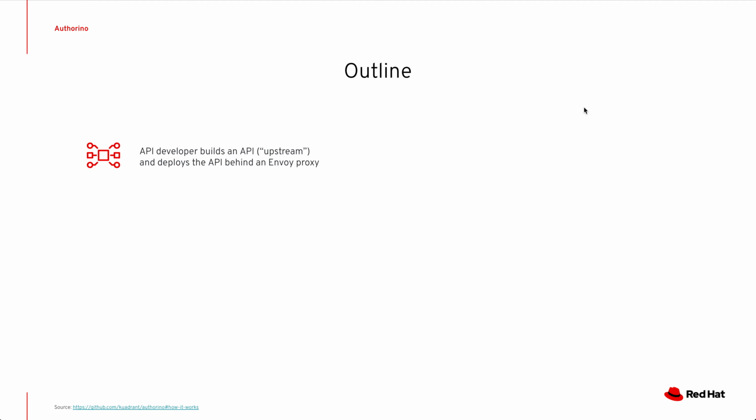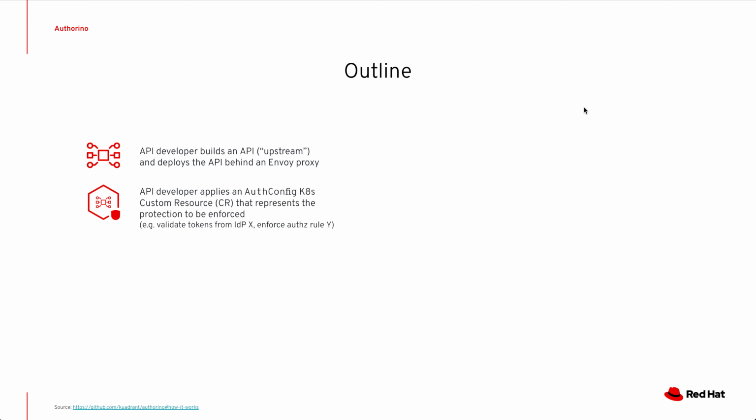It does not have any logic implemented in the code that verifies access or permissions regarding, for example, particular endpoints or payloads requested by users of the API. The developer deploys this API behind an Envoy proxy facade.